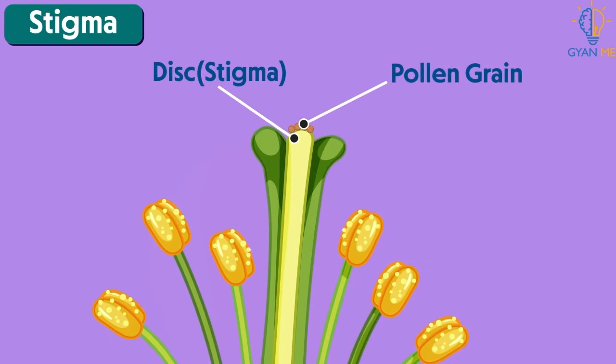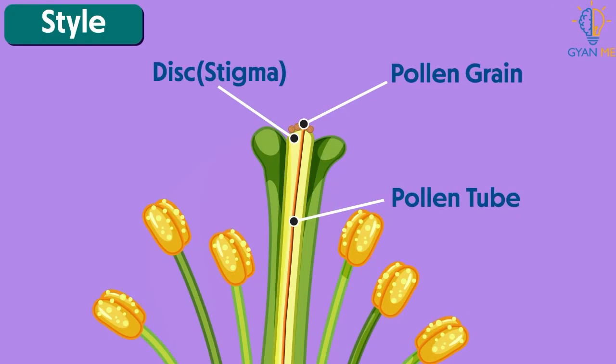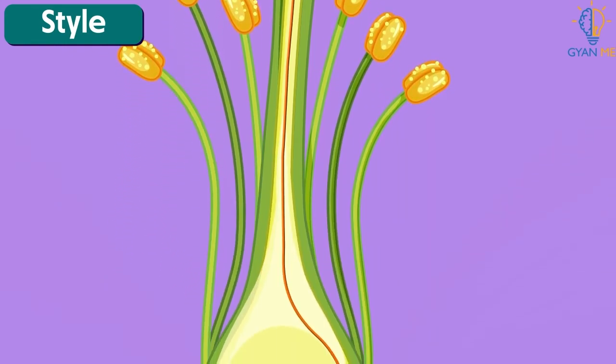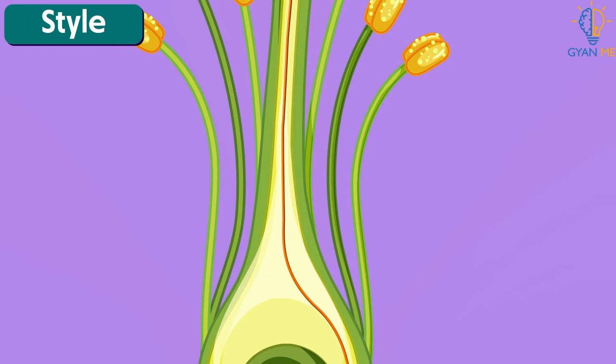It is a sticky disc-like structure. Pollen grains which fall on the plant after pollination stick on this disc and grow into a pollen tube. The next part is the middle tube-like elongated style. It is just a passage for the pollen tube, which grows till the ovary.